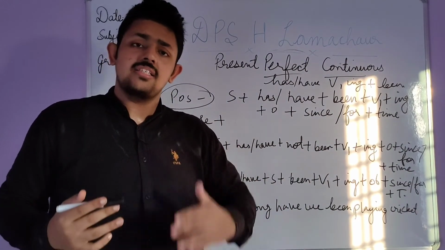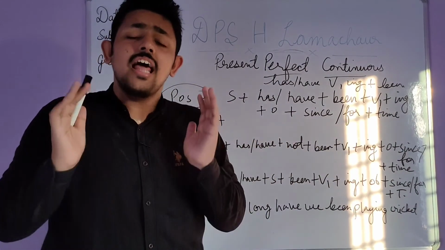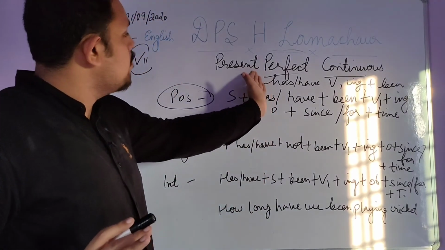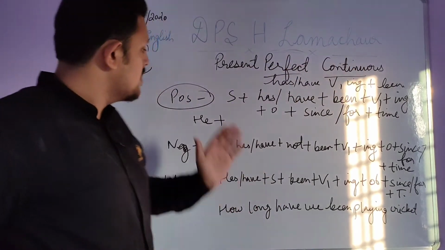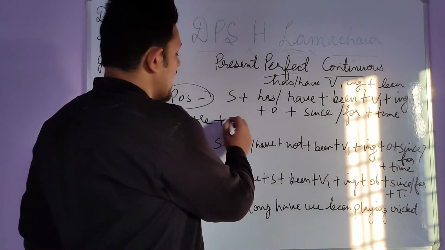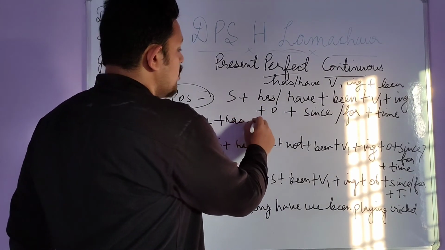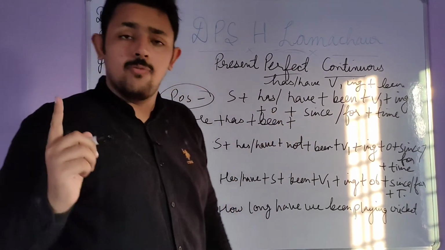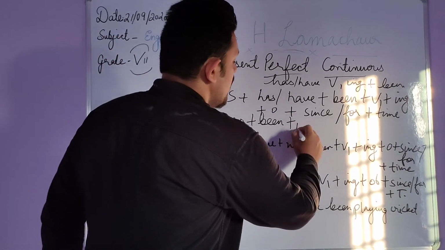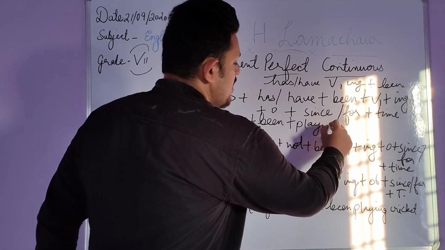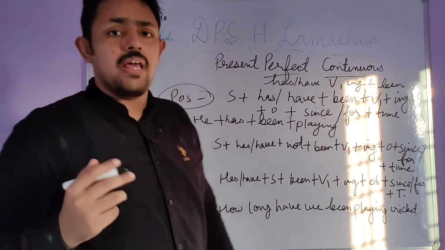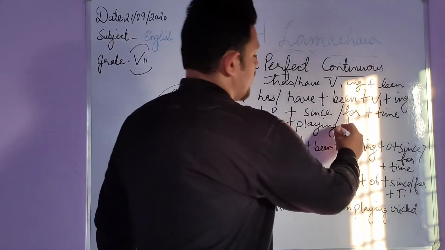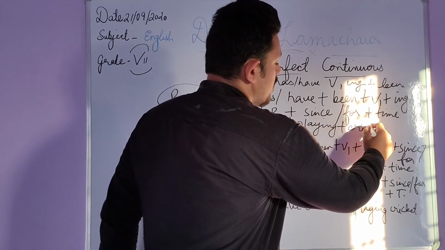When an action began some time back and is still happening, we use the present perfect continuous tense. See, he plus has, he has, plus we use been, he has been, plus the verb's first form, play plus ing, playing, he has been playing, plus object, cricket.